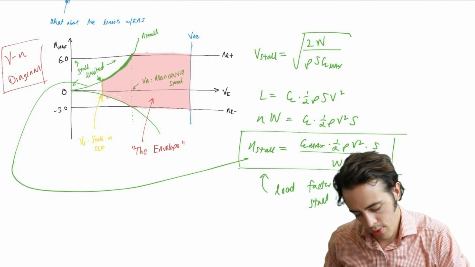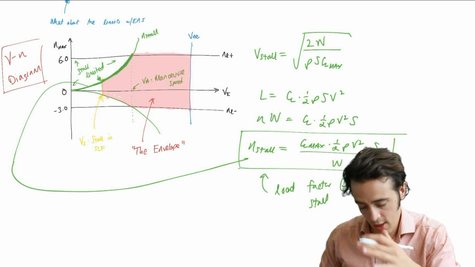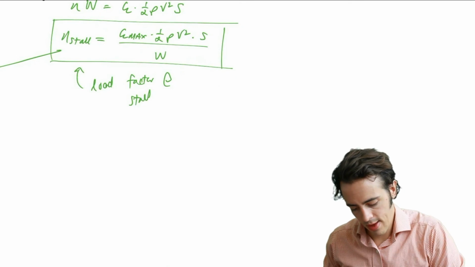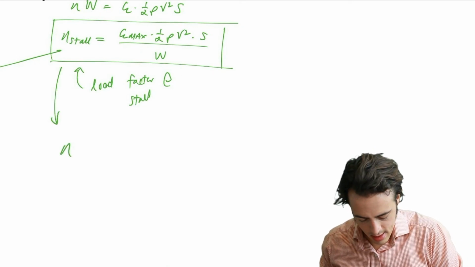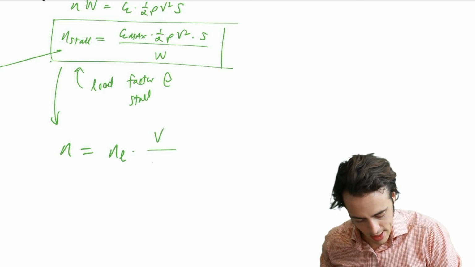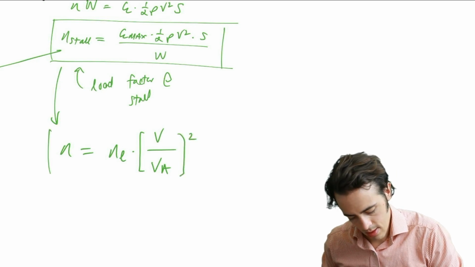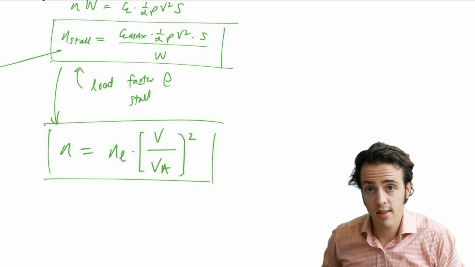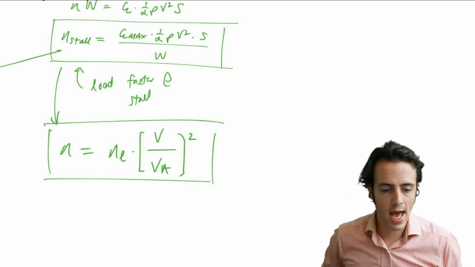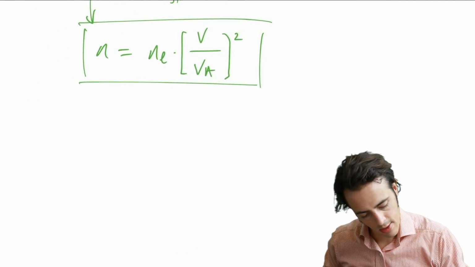So this equation works for speeds above VA anyway. We can simply say that N is equal to the limit load multiplied by whatever velocity we're at divided by the maneuver speed, which tends to be an easier means to work out the load limit below VA. So let's just say this.